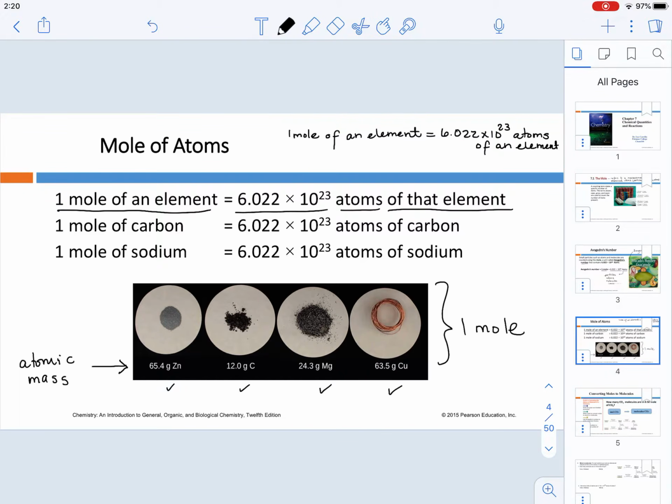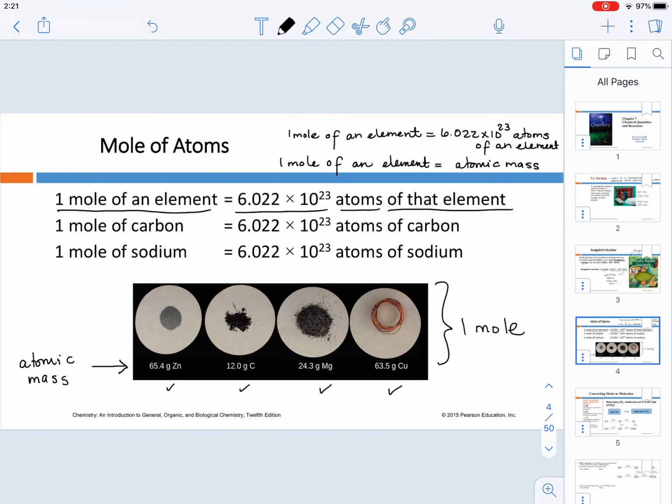But understand that 1 mole of an element is also related to the grams of an element by understanding that 1 mole of an element is going to equal the atomic mass of that element.